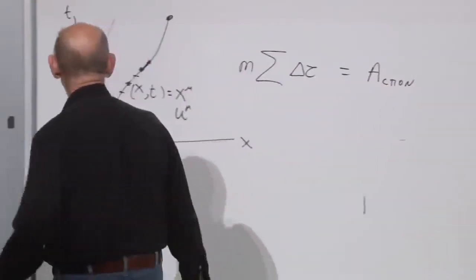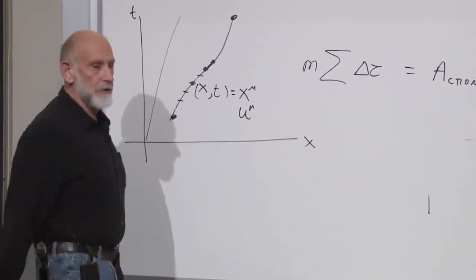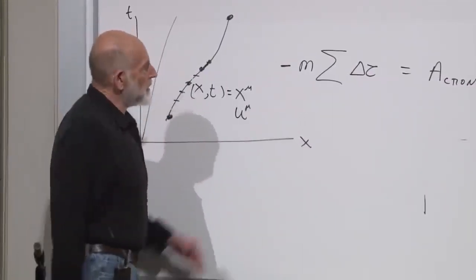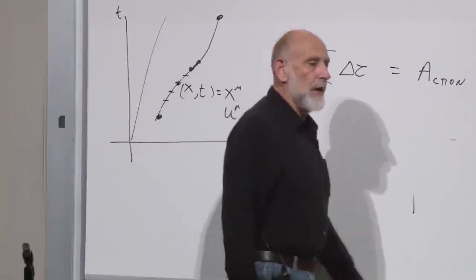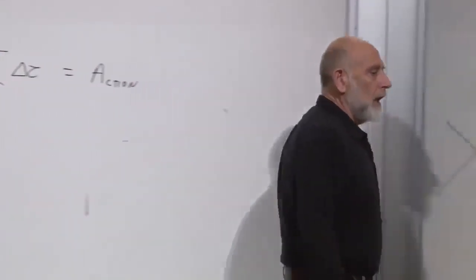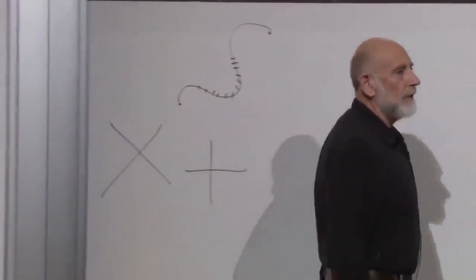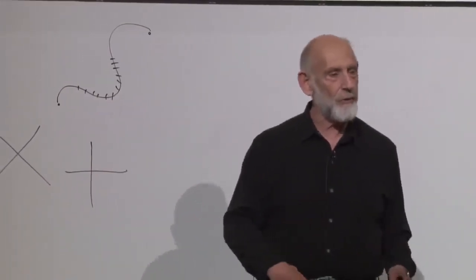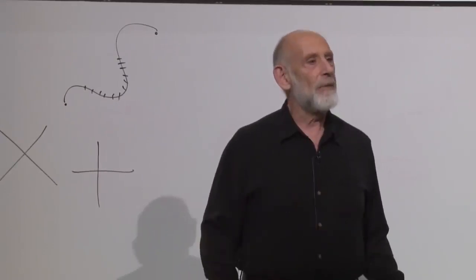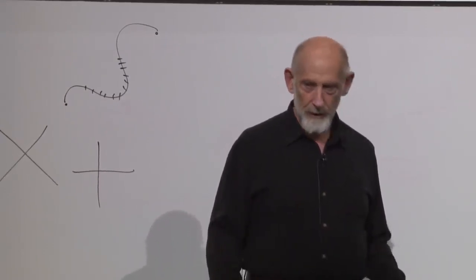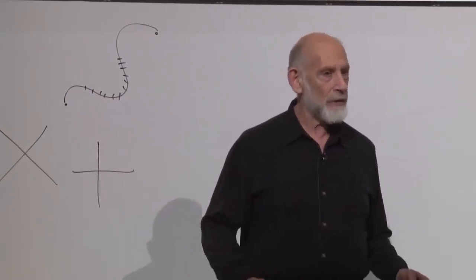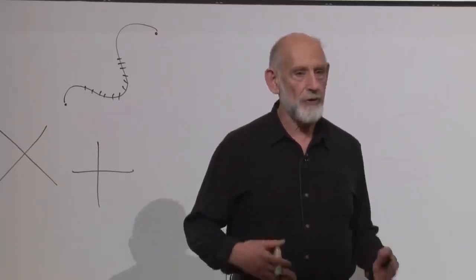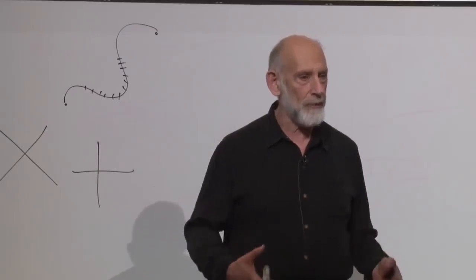All right, and I'm going to put in one more little change. I'm going to put a minus sign in here. Now, as I said, multiplying by minus m changes nothing. It's a complete convention. But the convention was established not by Einstein when he was doing relativistic mechanics, but long before Einstein by people who had no idea what the special theory of relativity was, but who had some prejudices about the way classical Newtonian mechanics works.